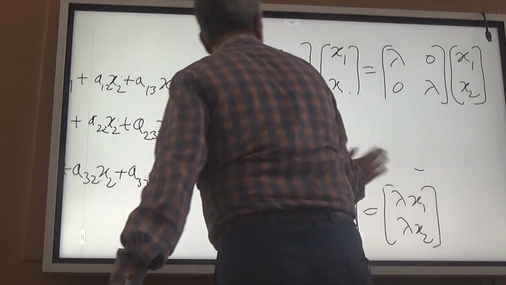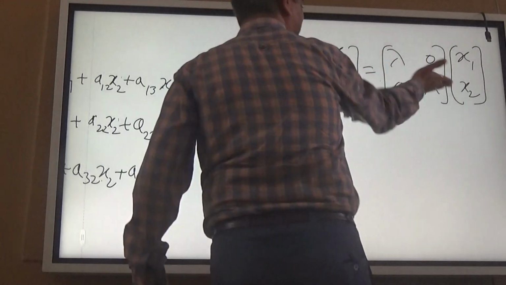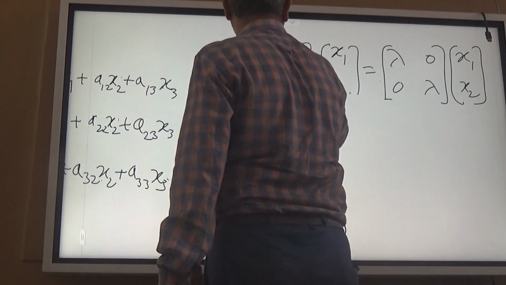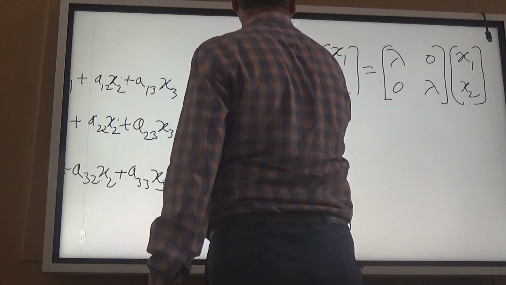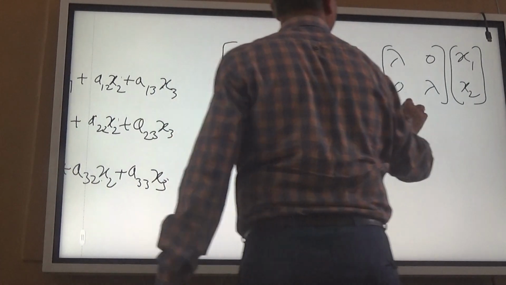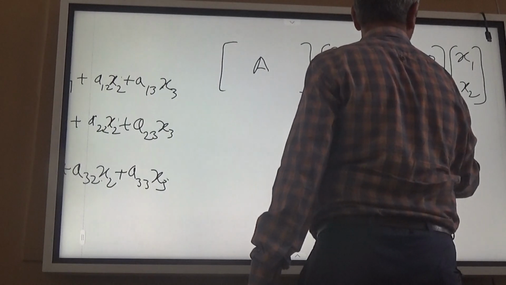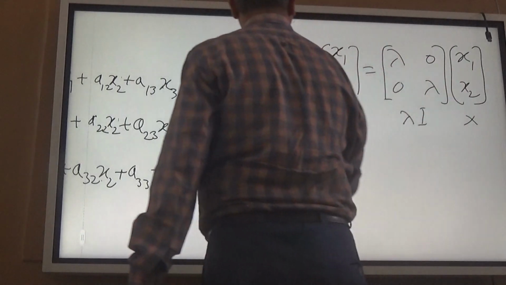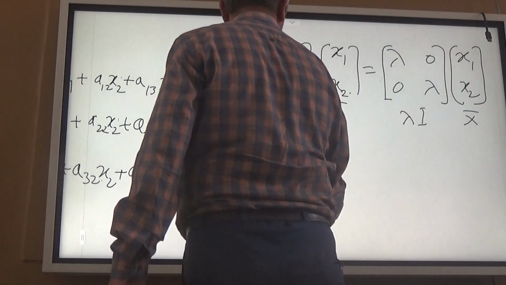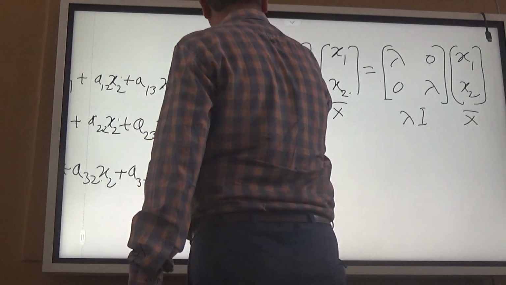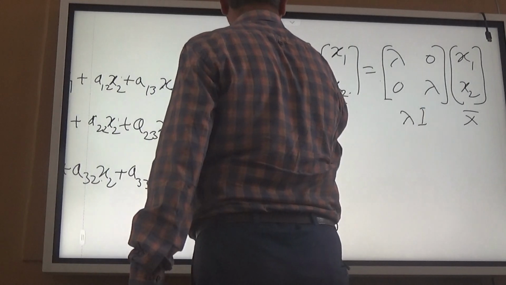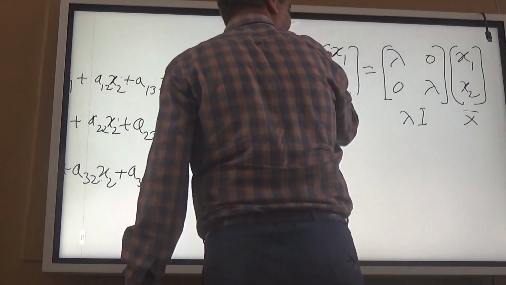Now what you can do? You can take this term on the other side. This is A, this is x, this is lambda I, and this is x. Or you can use A as it is, A11, A12, A21, A22. This will go on the other side.